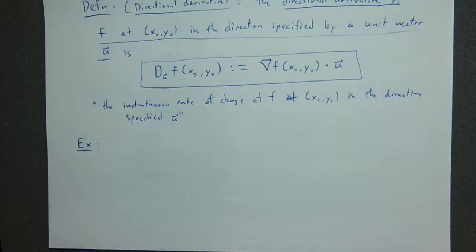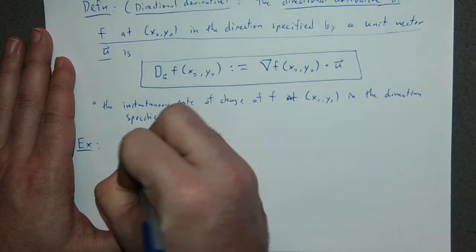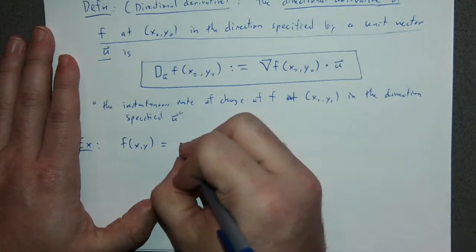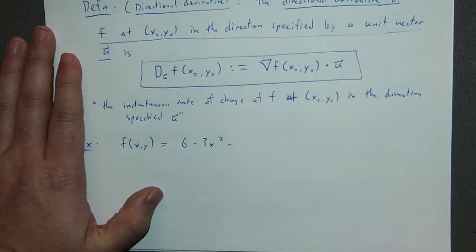Let's do a quick example. Let f of x, y be 6 minus 3x squared minus y squared.